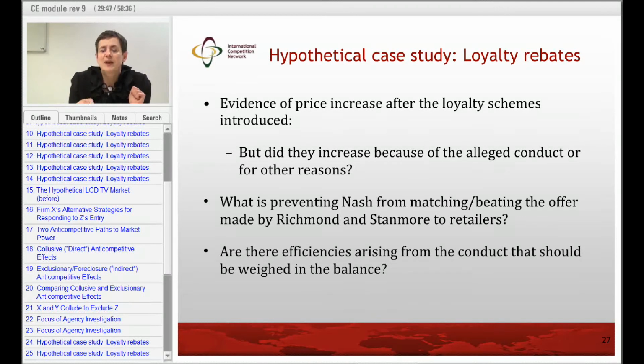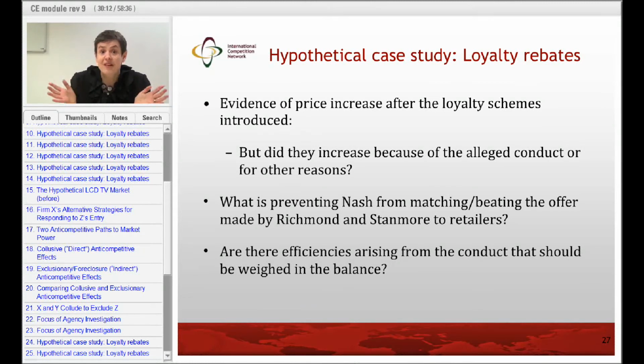Another question that would need to be asked is, why couldn't Nash just undercut or match the overall deal offered by Stanmore and Richmond to retailers and get retailers to switch to Nash? Is there a reason perhaps due to customer loyalty for Stanmore and Richmond's products? What does seem clear here is that this doesn't seem to be a case of an inefficient competitor being out-competed.